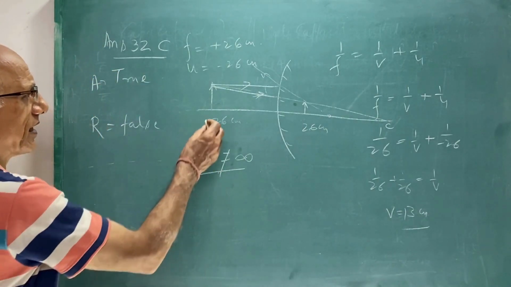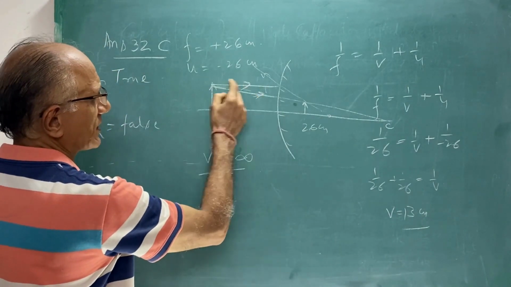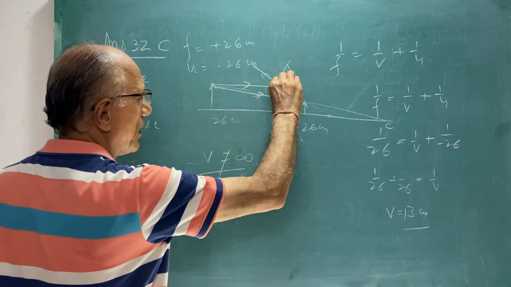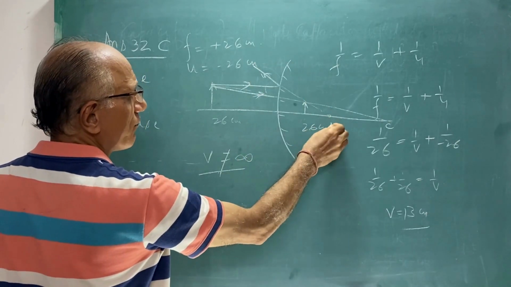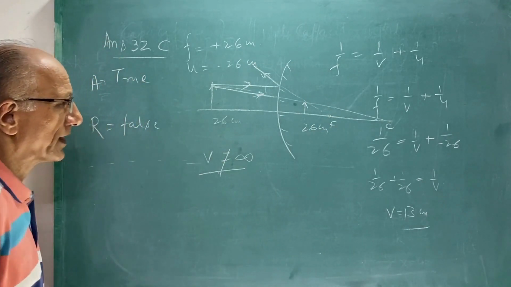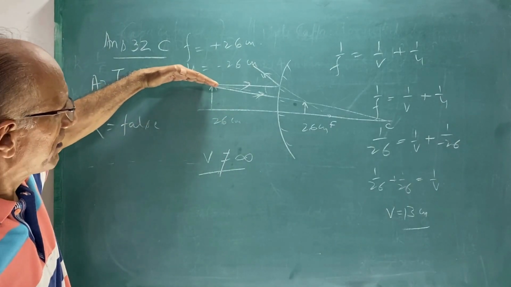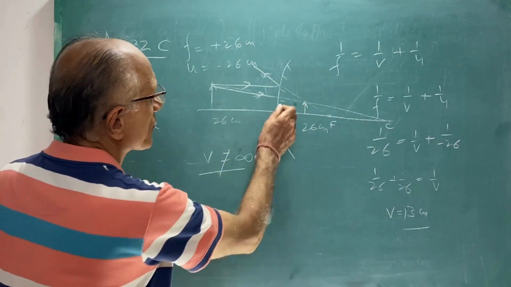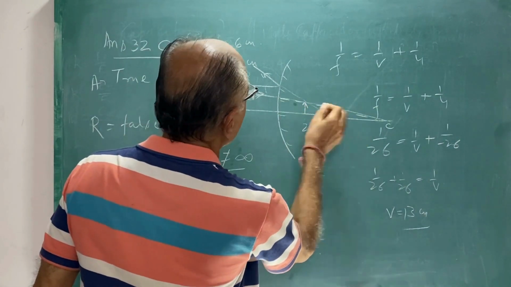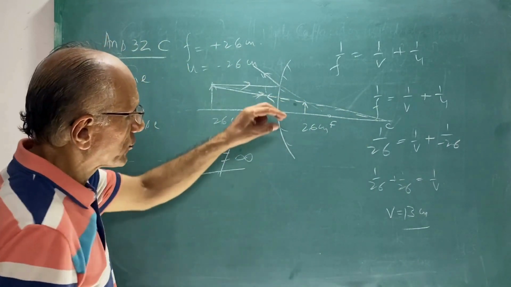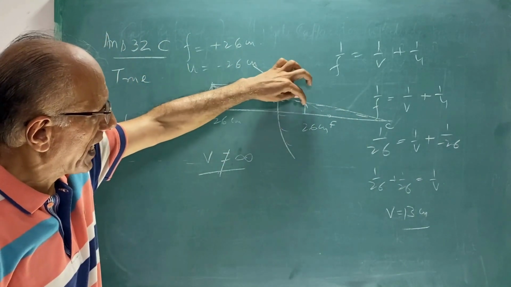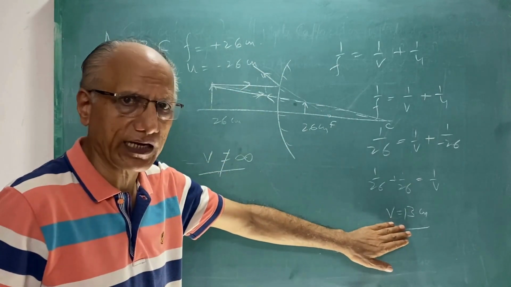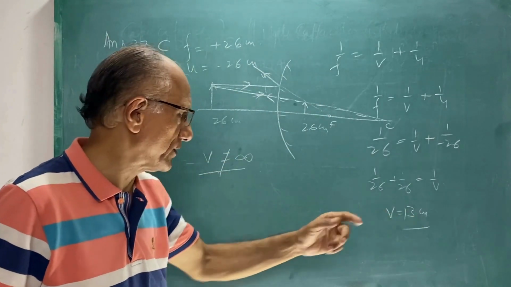According to the ray diagram also, you can see this parallel ray after reflection from the mirror appears to pass through the focus, that is 26 centimeters. And the second ray, which appears to pass through the center of curvature, will reflect back. So they will appear to meet somewhere in between, that is at 13 centimeter, which is correct according to the calculations also.